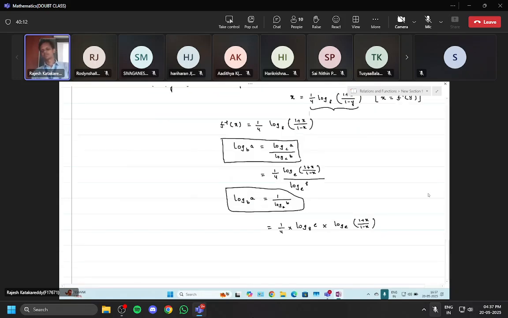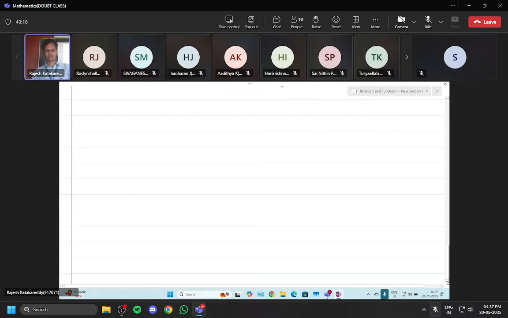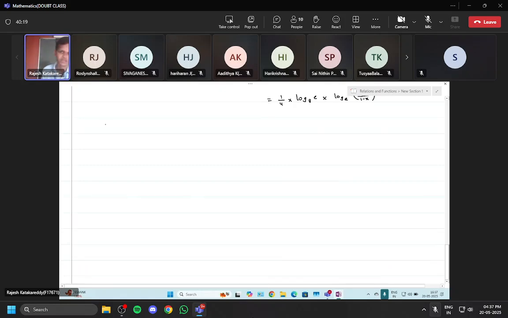See, properties of inverse function. There are some properties; I think 4-5 basic properties we should see.